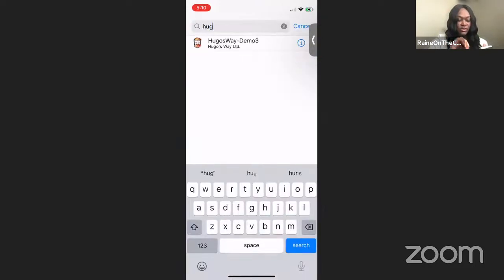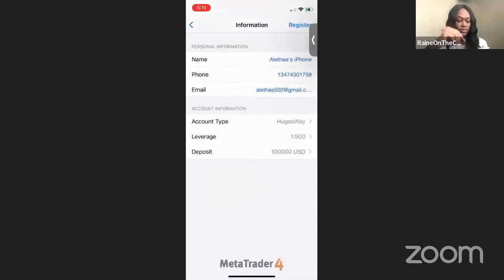You search whatever broker you're going to have as your real account. You want to get the demo account that goes with that, because it's going to show you exactly what things would be like if it was your real account. So there we go. Your name is there, your phone number, your email address. And then you see it says leverage 1 to 500.